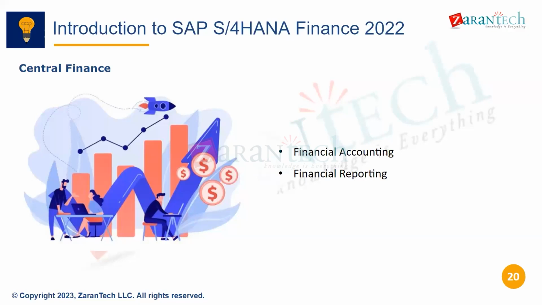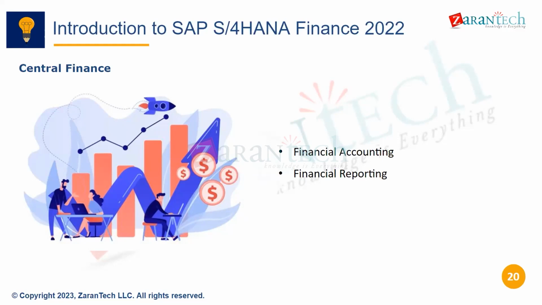Earlier, only the financial documents would be interfaced to central finance, so we would not be able to do other things like master data creation or depreciation. But I think with the latest versions, those additional features are also added in central finance.